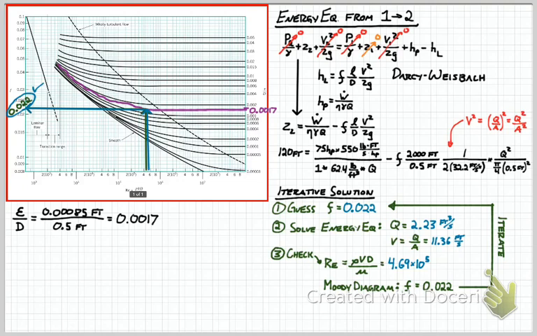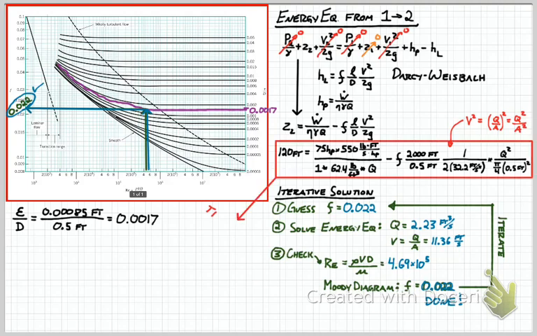So what we started with equals what we ended with, 0.022 again, we're done. If you were to read a different f, you would simply repeat the process of iterating until you converge on a solution, where the guess for f and the calculated f from the diagram match one another.